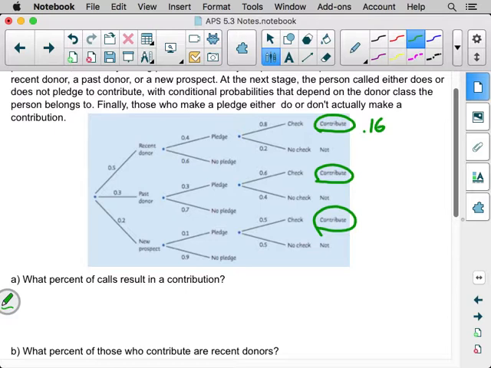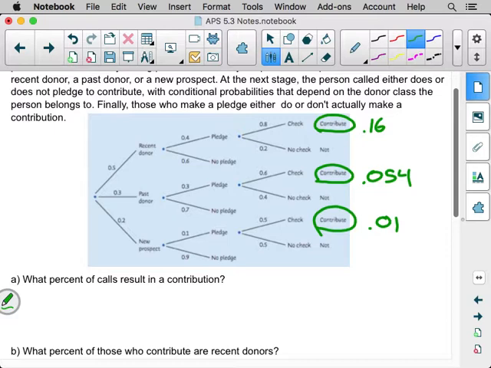This middle one, 0.3 times 0.3 times 0.6, has a 5.4% chance of happening. Then this bottom track, 0.2, 0.1, 0.5, 0.01. So those are the three different ways we can end up with a contribution.